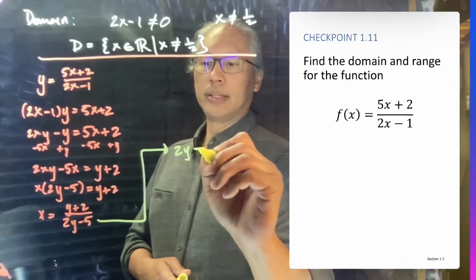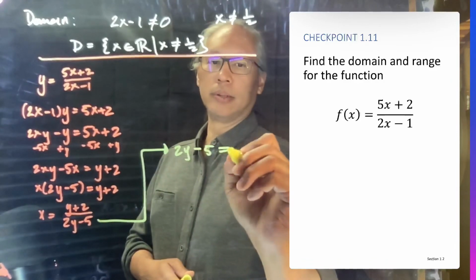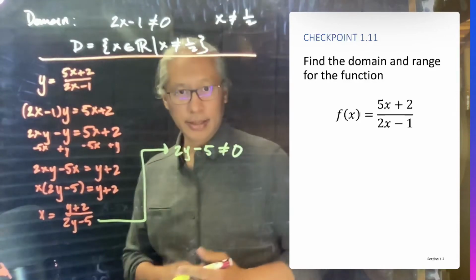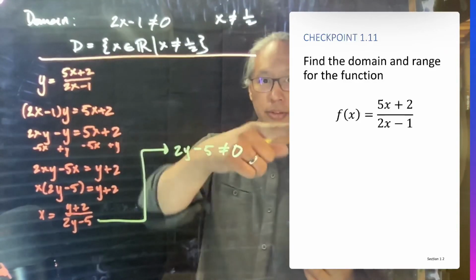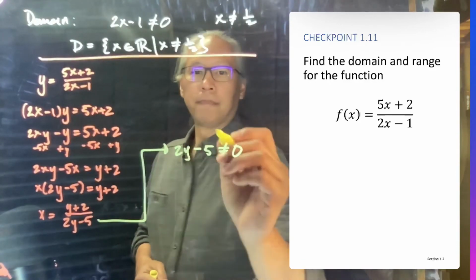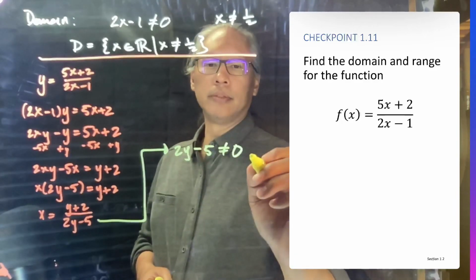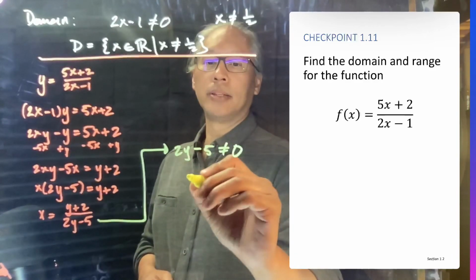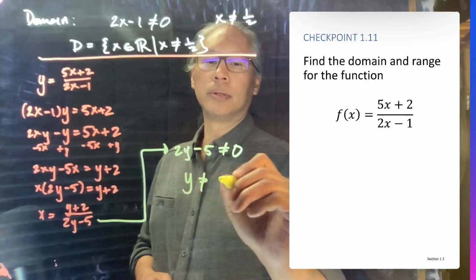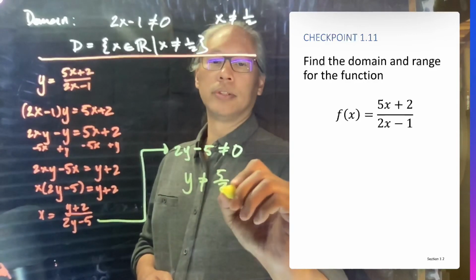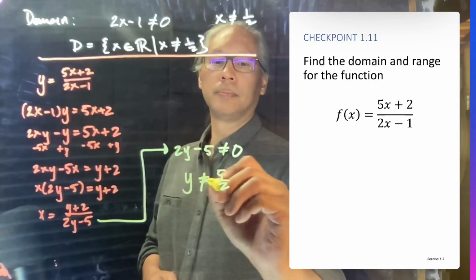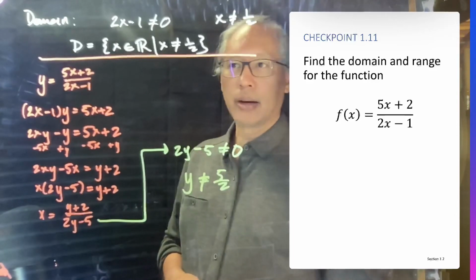So why don't we set this to not equal to 0, and then this will give us our range for the original function. Okay, again, we'll add 5 and divide by 2, so y will be not equal to positive 5 over 2. All right, so that will be our range.